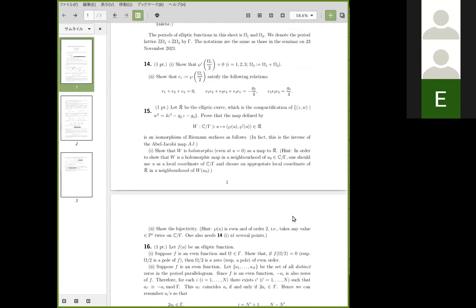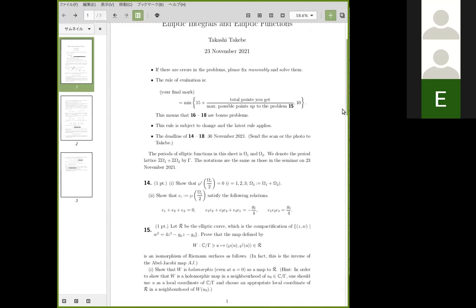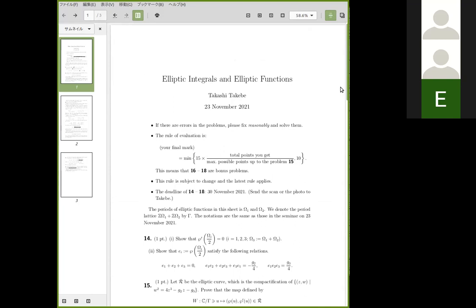So let's consider that up to this part is the essential part, and the rest is bonus. Well, that means not very serious thing. We normalize the points by the points up to the program number 15.